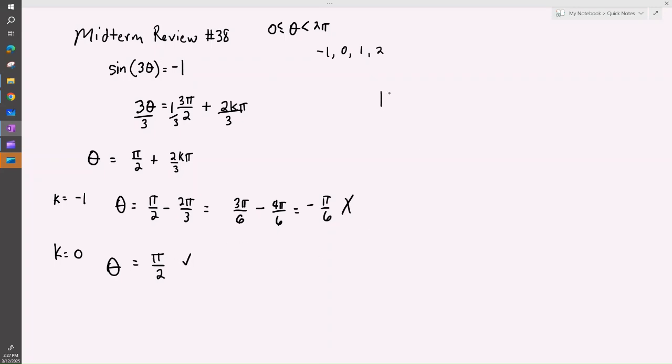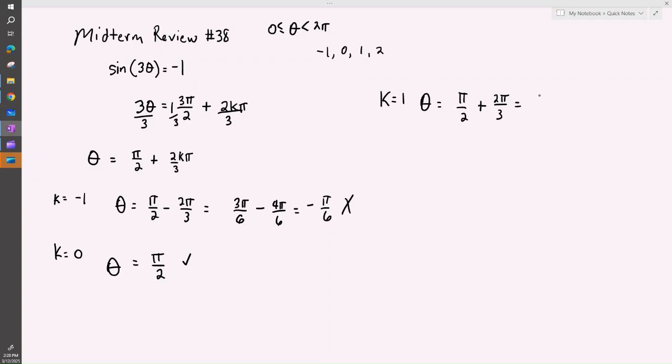and we're going to move on and let k equal 1, so theta would be equal to pi over 2 plus 2 pi over 3, right, if I let k be positive 1.